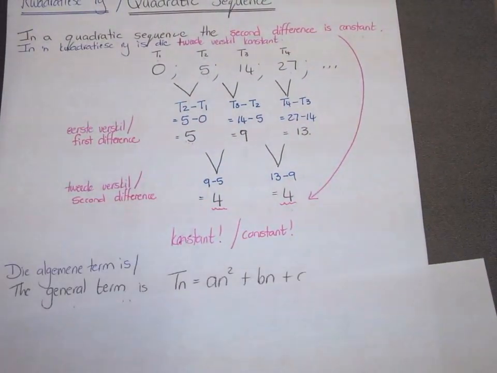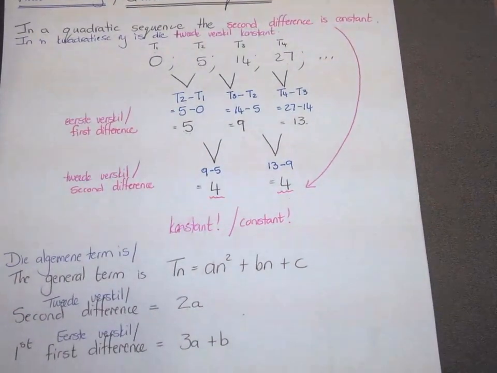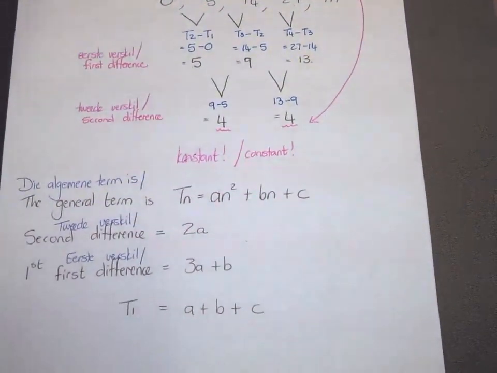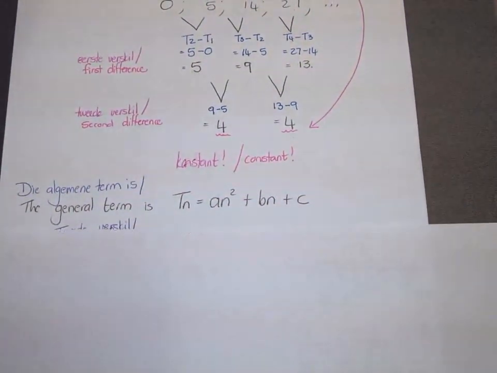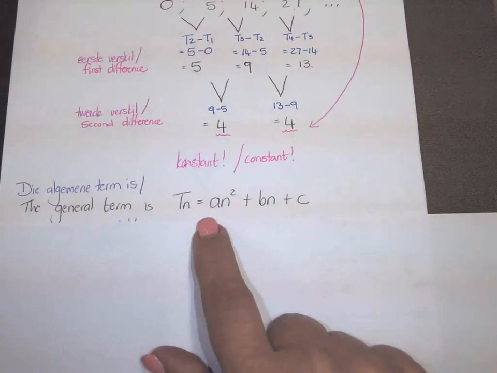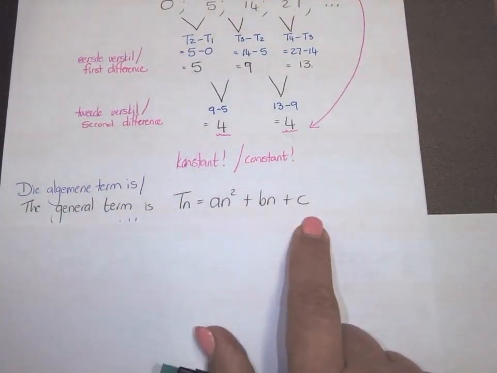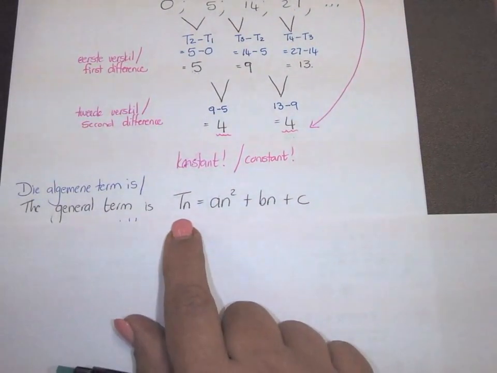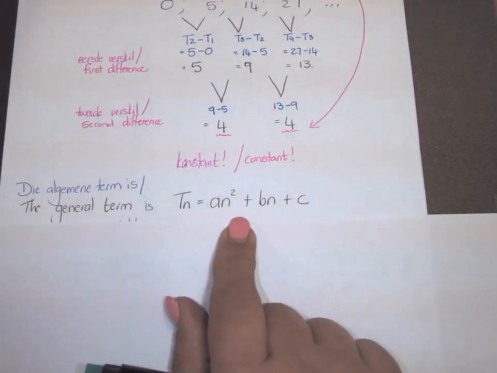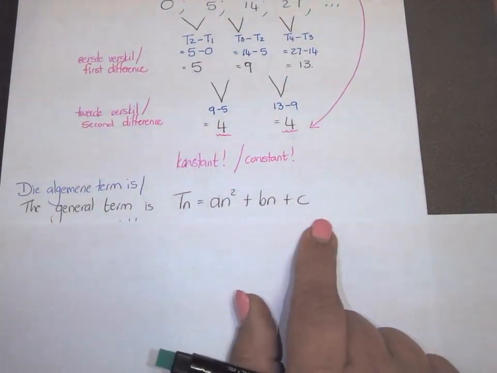Now there are certain terminologies that you need to know and understand. The first one is what is the general term and what does it look like? It looks like a quadratic equation, but now it has n instead of x. Term n equals an squared plus bn plus c.